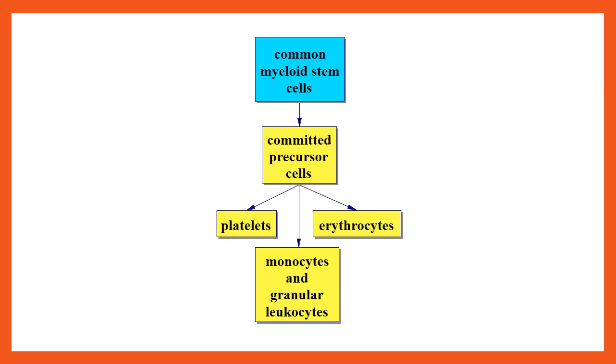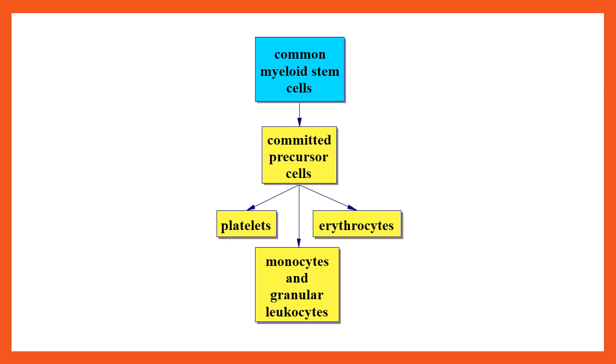So this is another depiction of the transformation of the myeloid stem cell into end results: platelets, monocytes, granulocytes, and erythrocytes. So what happened here? This cell actually comes from a pluripotent stem cell, and it will turn into a committed precursor cell. By committed precursor cell, we mean colony forming units.